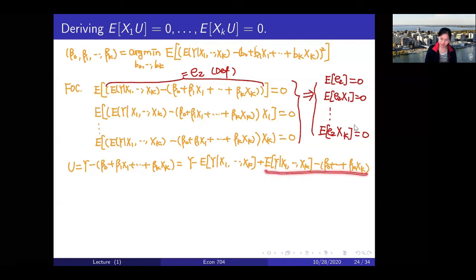Notice that this is E2, right? So this is E2. And this difference, we can call that E1. So define that to be E1. So u is decomposed into two parts. One is E1 and the other is E2.